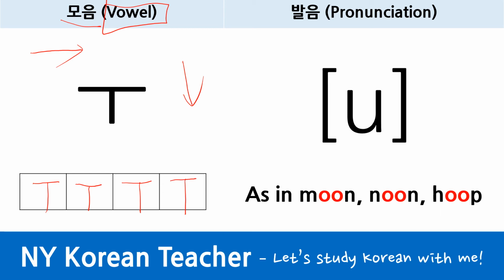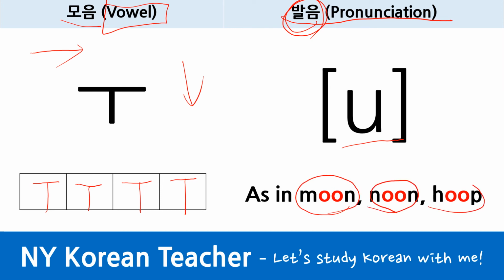Pronunciation of this letter, 발음, 우 as in moon, 눈, 훅. 따라하세요. 우, 우, 우, 우.